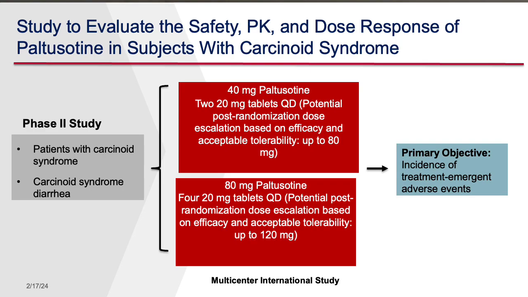There is another medication Dr. Chauhan also discussed earlier, paltusotine. This is another type of somatostatin agonist, an oral type of medication. Paltusotine also has the indication, when the study was presented, for carcinoid syndrome and also carcinoid syndrome diarrhea. Currently, the study is closed for accrual.